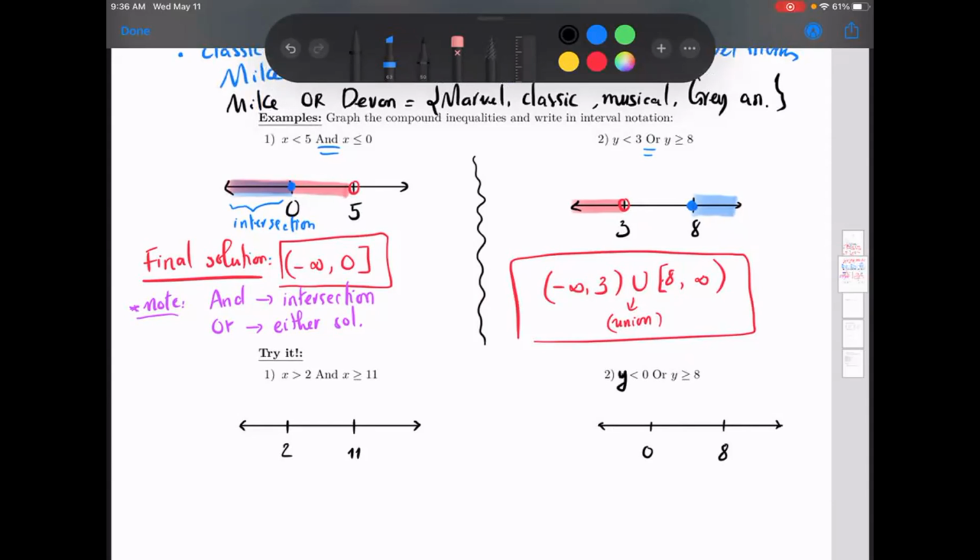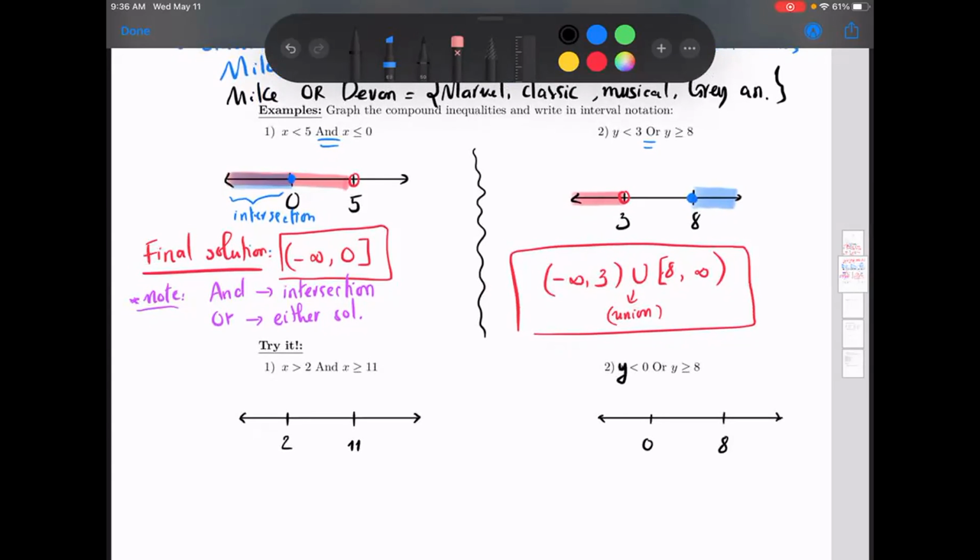Okay, so let me see if somebody has the answers. Hey, number 2, negative infinity to 0, union. And then Curtis, number 1, 11 to infinity. Forgot the union. All right, so X is greater than 2, hollow at 2. And then X is greater than or equal to 11.